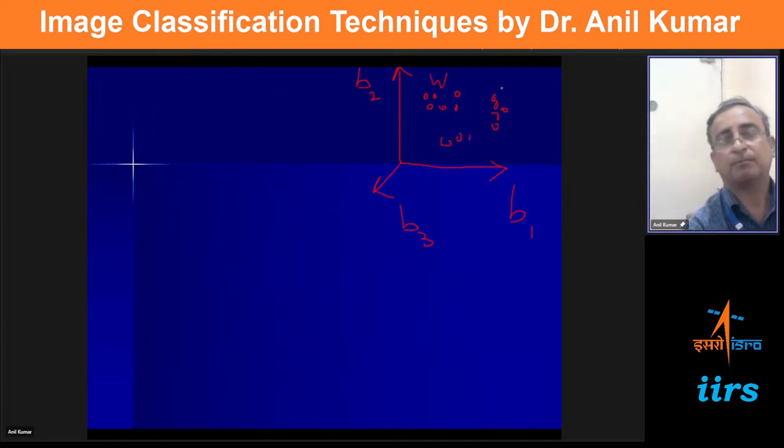This can be water, this can be forest, and this can be built up. If you are extracting 3 classes, while plotting band 1, band 2, band 3, this gives you clear-cut separation between all 3 classes. That means these 3 bands are sufficient to distinguish between forest, water, and built up.